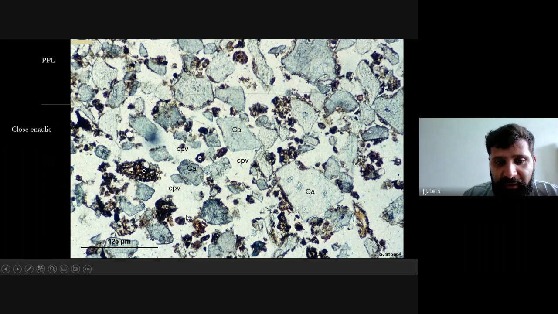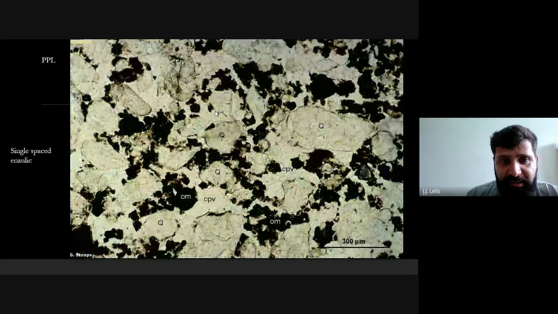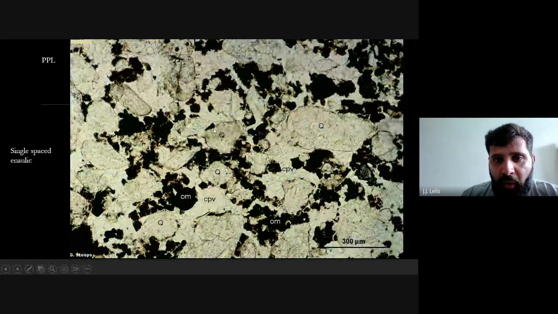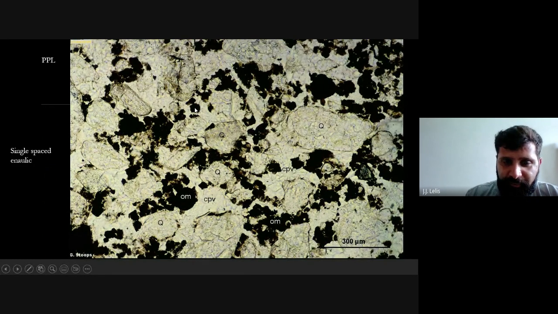Here the fine materials are composing aggregates. So in this case, I can see coarse fragments and fine material composing aggregates, composing pads.